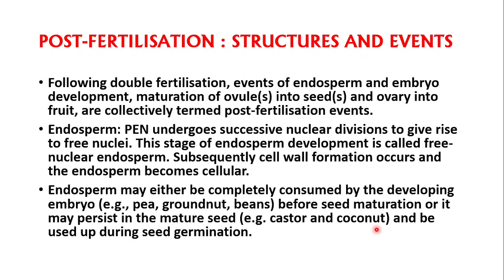One is cellular endosperm and the second one is the liquid endosperm. Cellular endosperm and liquid endosperm. That liquid endosperm is in particular called free nuclear endosperm. Okay, so that is very, very important to remember here, right?